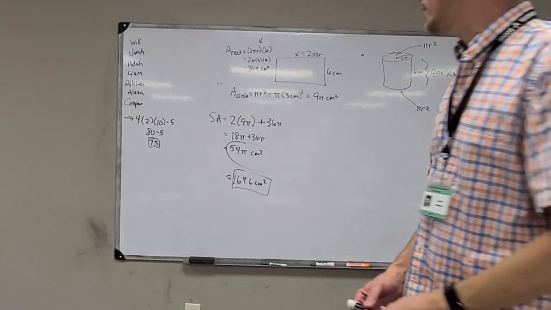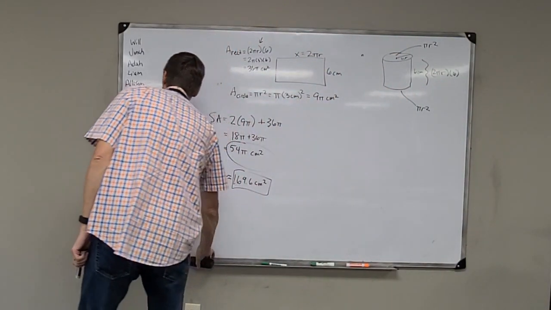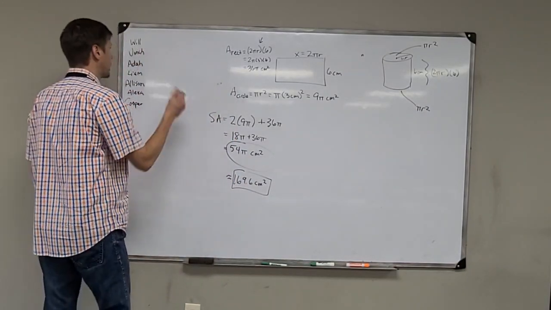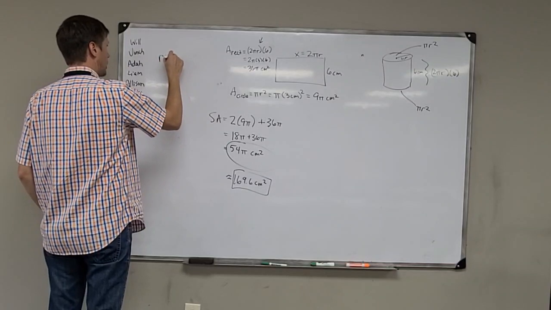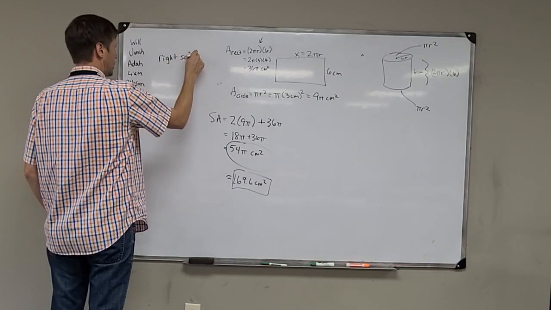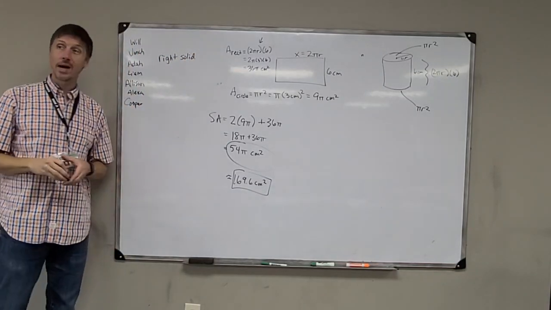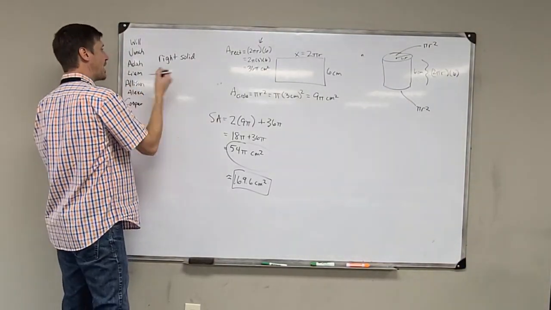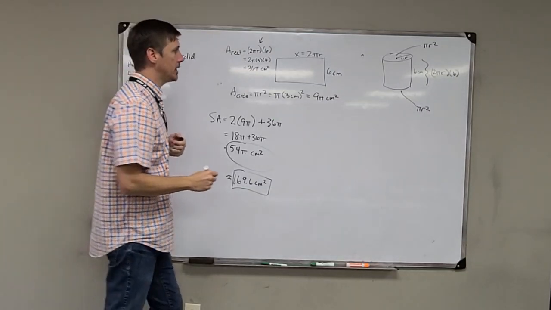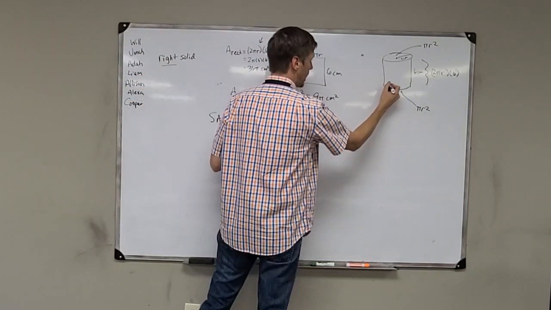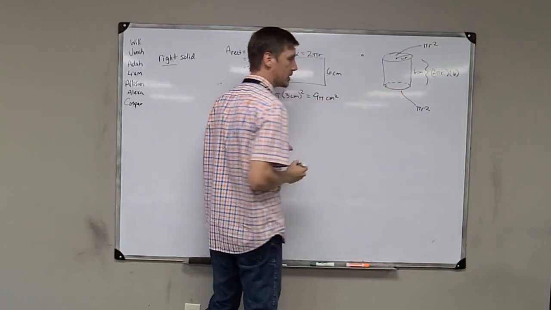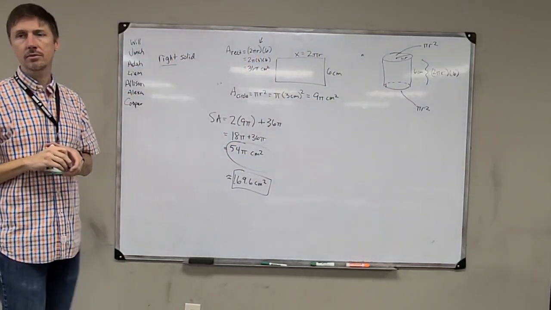Now, if they use the term, they have some kind of crazy looking shape, but they call it a right solid or a right cylinder. Anytime they use this word right in there, which basically means that the angle at the base where this guy meets is 90 degrees with that bottom surface.